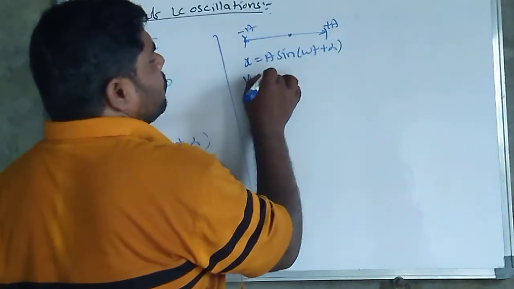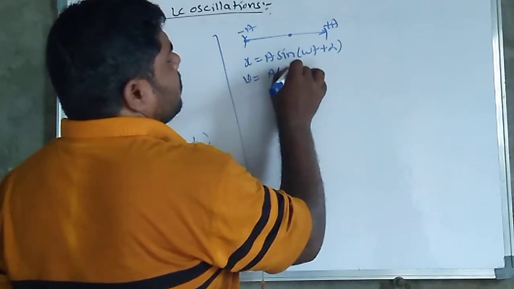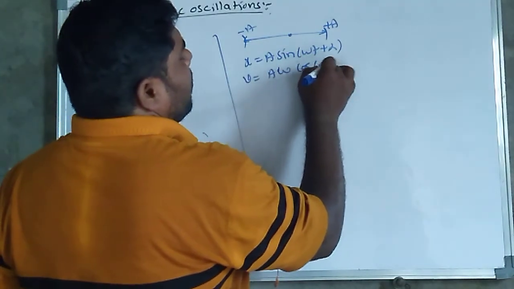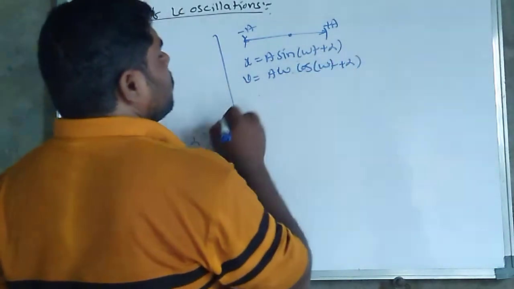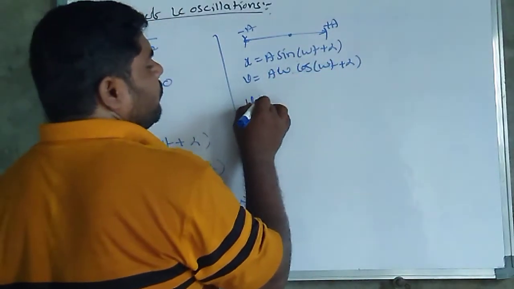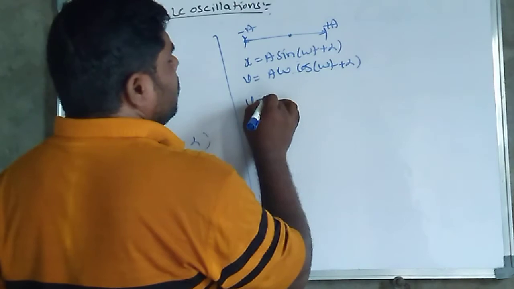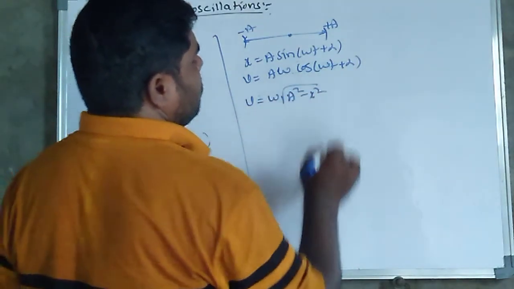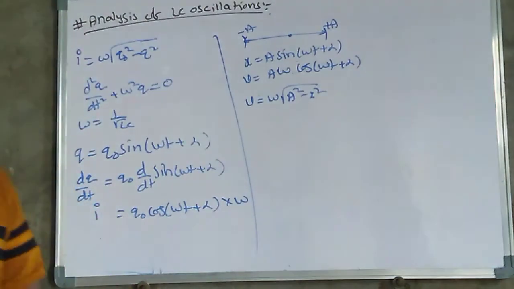Here the velocity is a omega cos of omega t plus alpha. So in this equation, velocity v is equal to omega under root of a square minus x square.